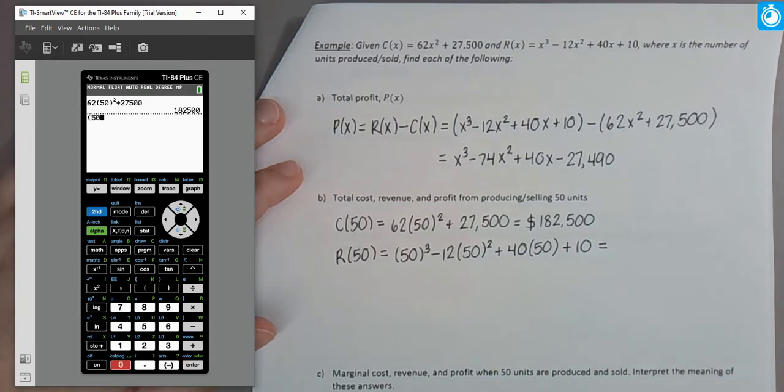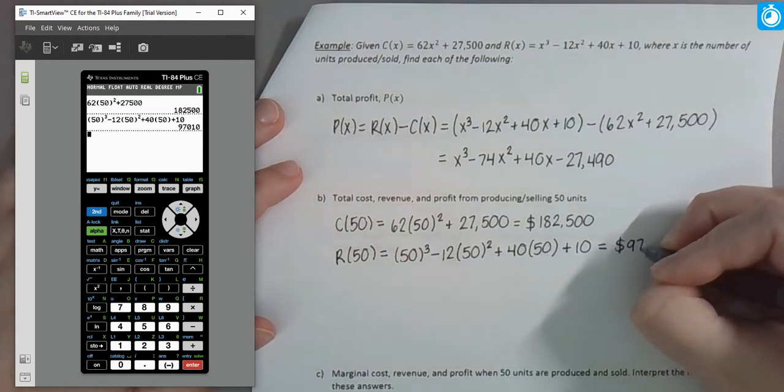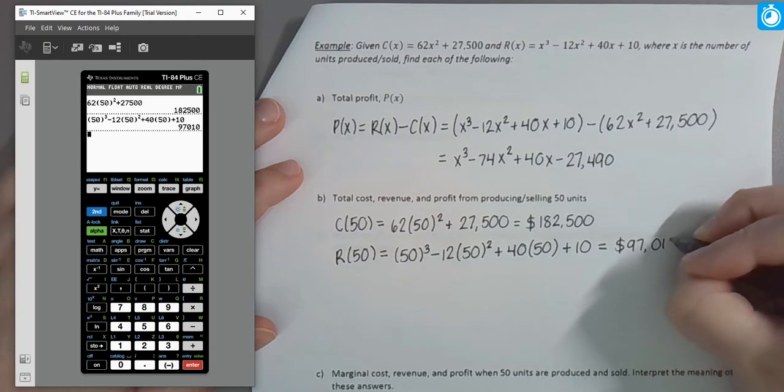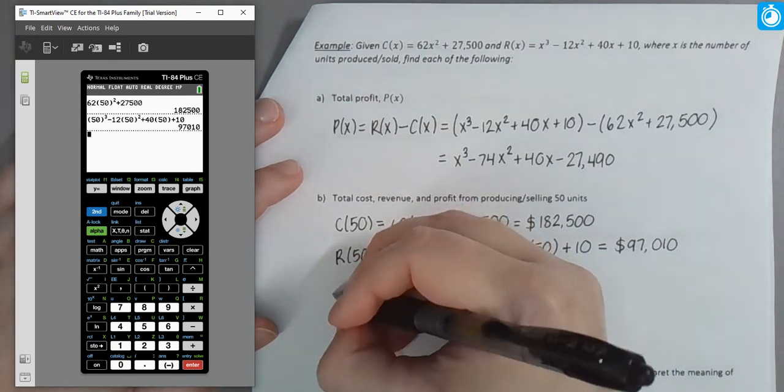Okay, and sub it in again, plug it into your calculator, evaluate. Okay, so 97,010, and again we're talking about dollars. So 97,010.